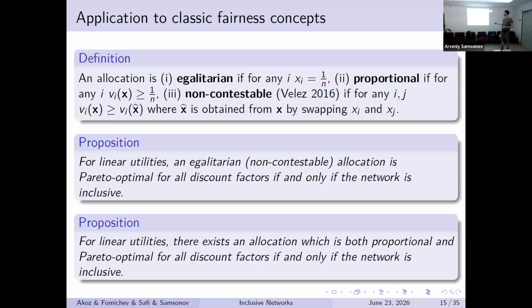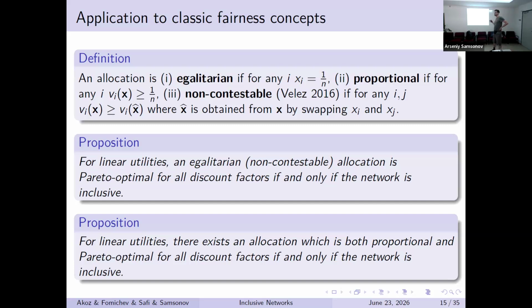Right, and so here is non-contestable. I think this is the closest to envy-freeness. Non-contestable means that I don't want to swap allocation with someone. We borrowed it from a theoretical economics paper of 2016, where the author studies fairness with externalities, like we do.